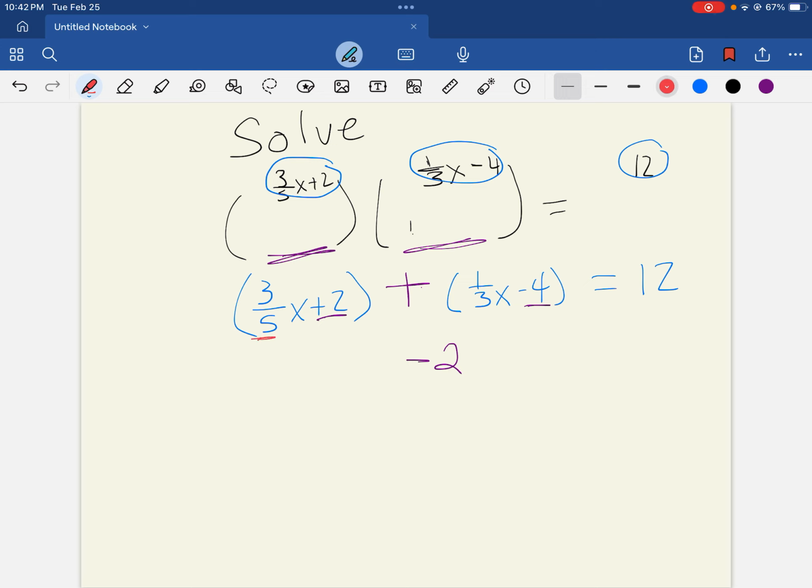For my fraction, which is why I'm pausing, on my calculator, I'm going to take 3/5, 3 ABC 5, plus 1/3, 1 ABC 3. And when I do that, I should get 14/15.